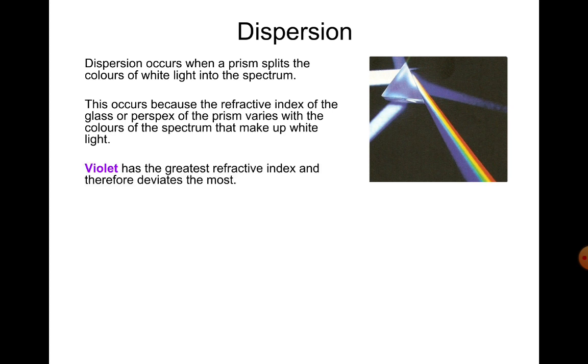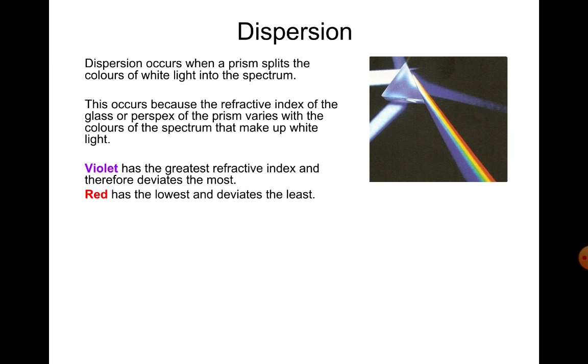And we can see that violet has the greatest refractive index because it deviates the most, and red has the lowest and deviates the least. You have to explain this on your exam if they ask you a question about it, and explain what is happening. Okay? Understand what we mean by the word dispersion, and understand that red light refracts less than violet light.